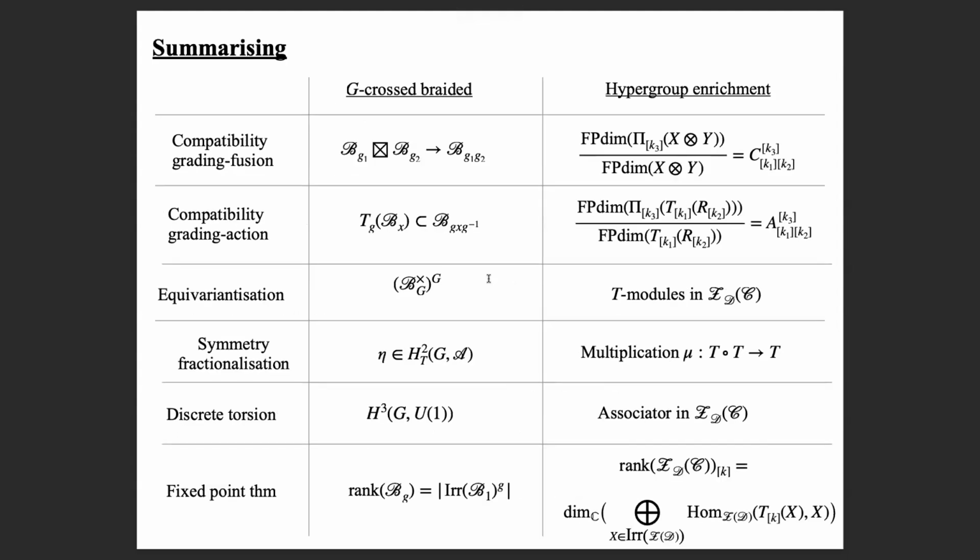Okay, so just to summarize, I try to put here the usual G-crossed braided story, where we expect all these properties. And what we propose is the equivalent in this hypergroup enrichment: the compatibility between grading and fusion, the compatibility between grading and action, the fact that you can take equivariantization, and then symmetry fractionalization, discrete torsion, and this fixed point theorem.